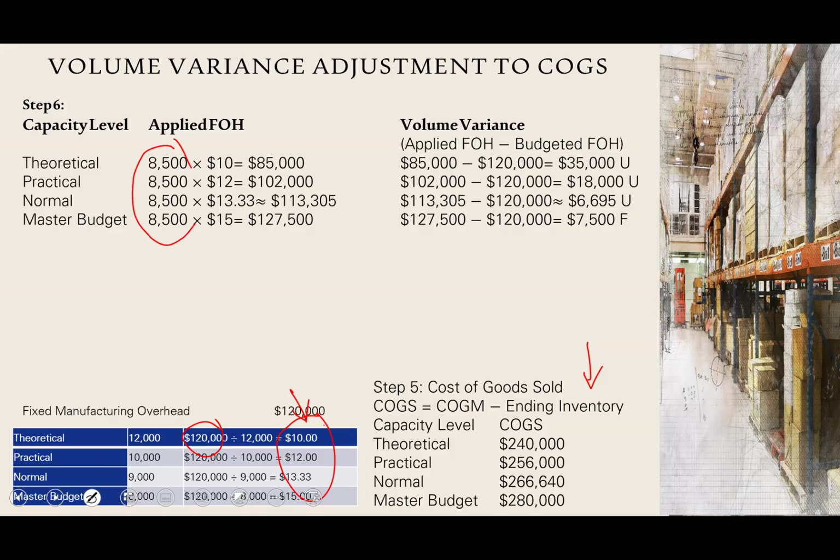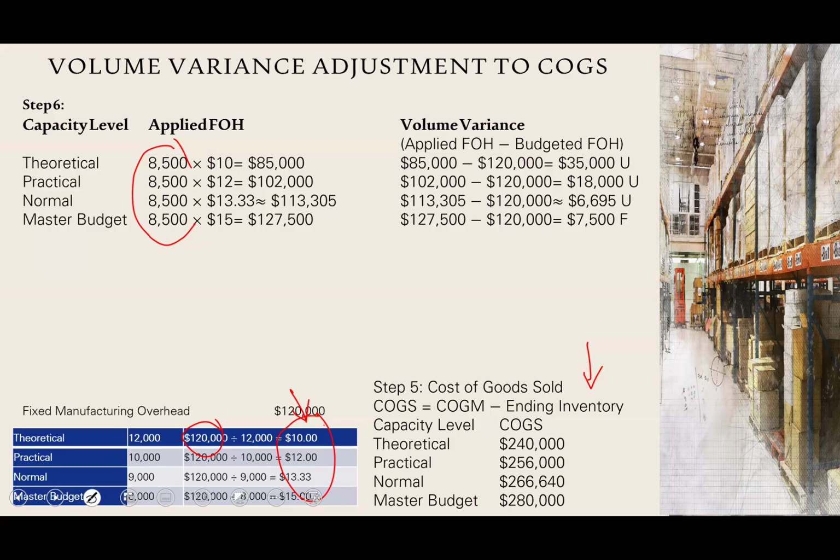However, at the end of the year, actual overhead will come out, and the auditor is not going to let you have an estimated overhead in the books. We have talked about this in chapter number 4 when we were doing job costing. So we will have to make an adjustment to cost of goods sold. If we applied too little, we'll have to add it to cost of goods sold. If we applied too much, we'll have to subtract it from cost of goods sold.